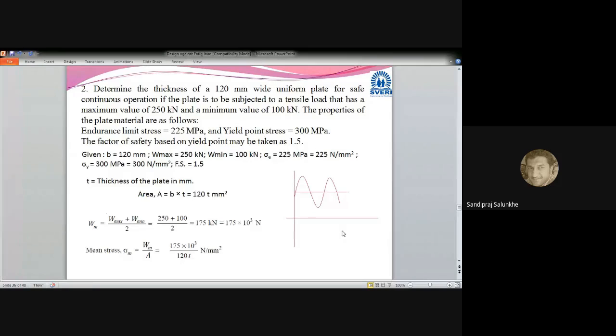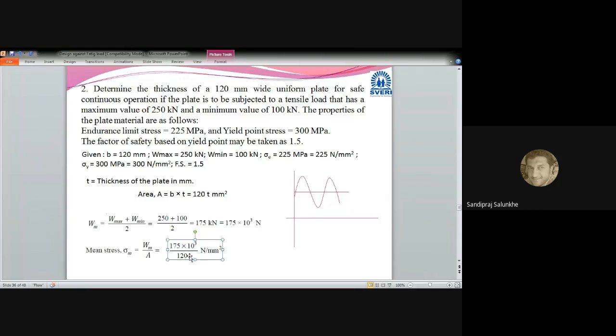Hence, once we know the mean load, we can calculate mean stress. For those who have solved that problem, we already know load divided by area is the stress. That's why 175 into 10 raised to 3 divided by 120 T, because area we have calculated in terms of T only.